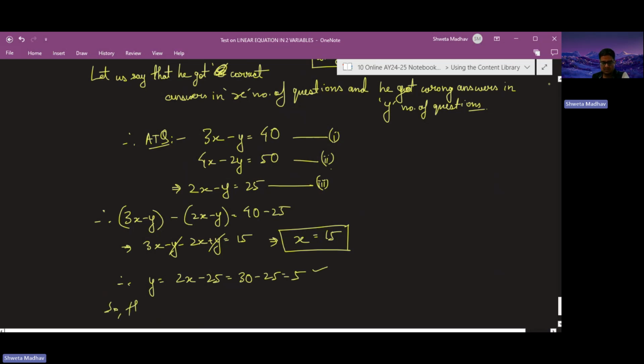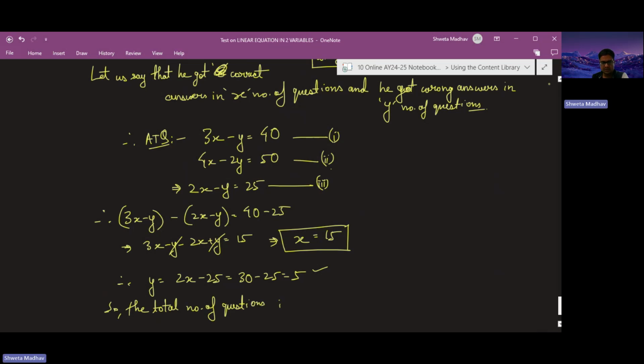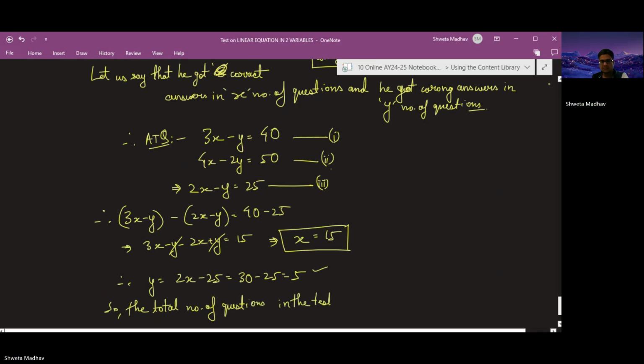So I can say the total number of questions in the test will be equal to x plus y, that is 15 plus 5, which is equal to 20. So 20 is the correct answer.